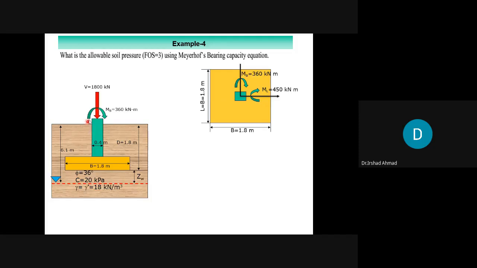We have a moment in the B direction. This is B. The moment in the B direction is 360 kilonewton meter. The moment in the L direction, which is perpendicular to the screen here, is 450 kilonewton meter. So you go ahead and solve this problem.